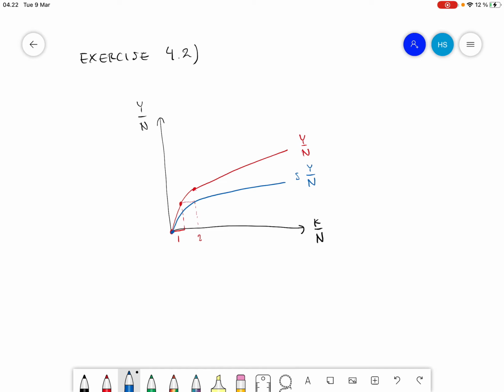This function here represents the savings or investments. Remember, savings and investments are the same because we're in a closed economy. Lastly, we have our linear function that represents the depreciation of capital.